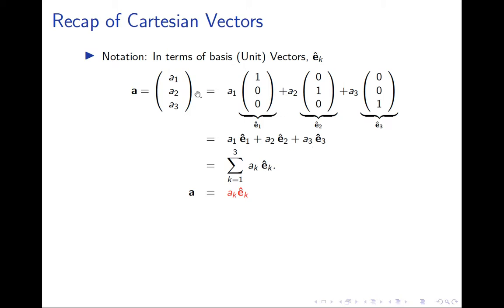So any vector can be written in this form: the first component times the special vector, which is basis element 1, the second component times basis element 2, and the third component multiplied to the special vector, which is basis element 3. So these three elements, e1 hat, e2 hat, and e3 hat, form a basis.